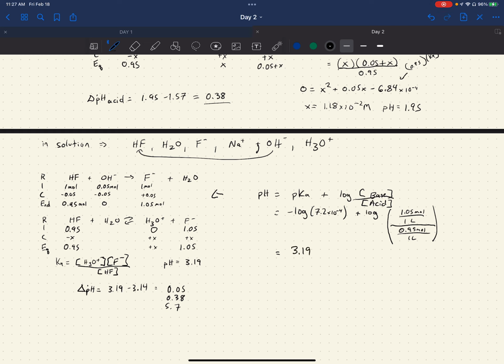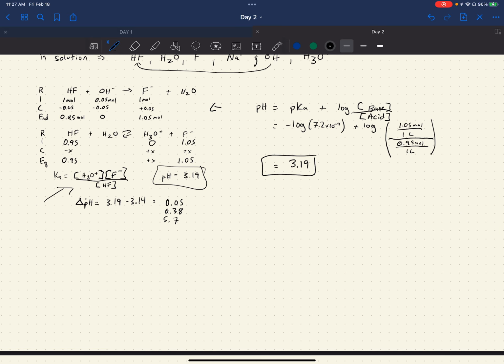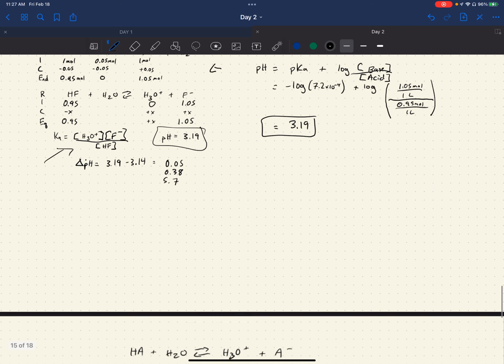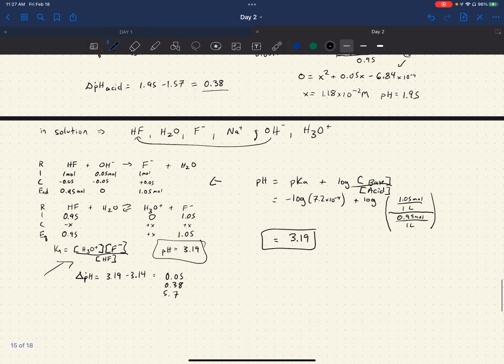3.19. Okay, so look, there's 3.19. Here's also 3.19. Now, again, I simplified this step here, and there was a lot of work that I didn't show that went into getting from this line to this pH.